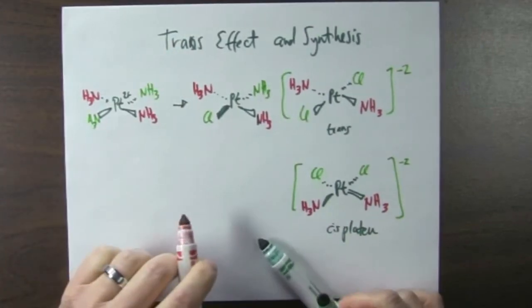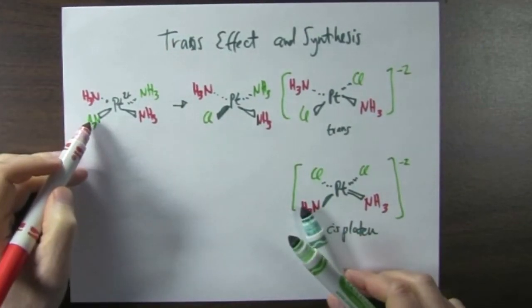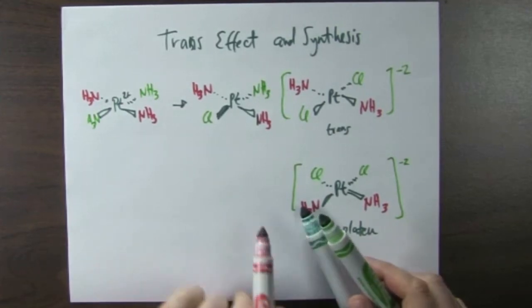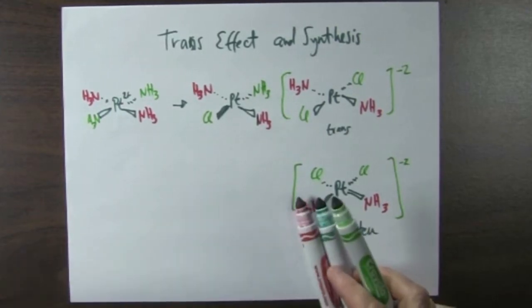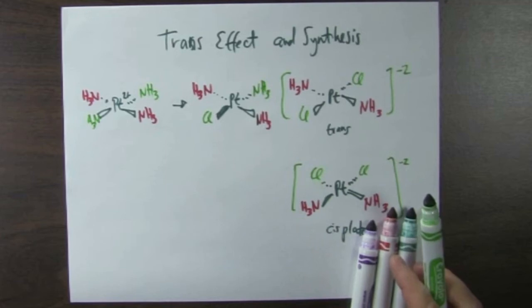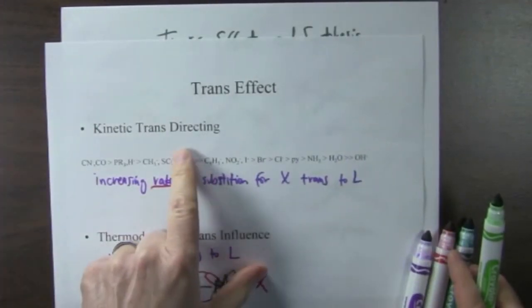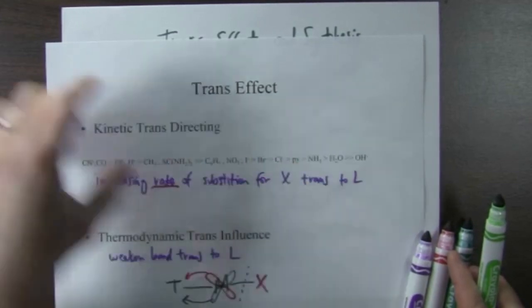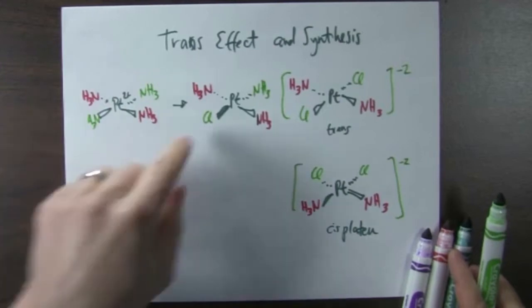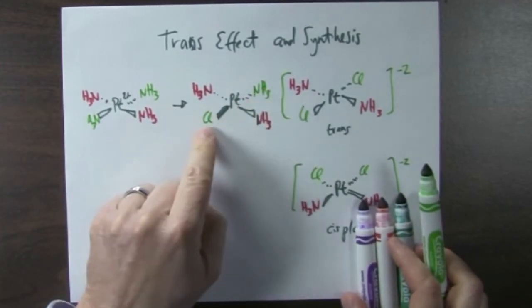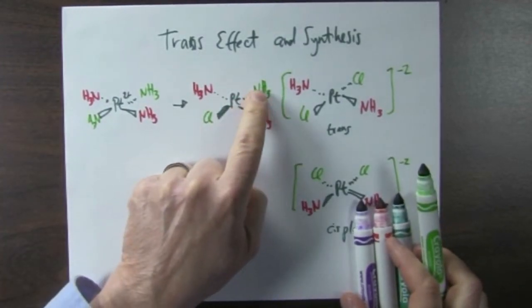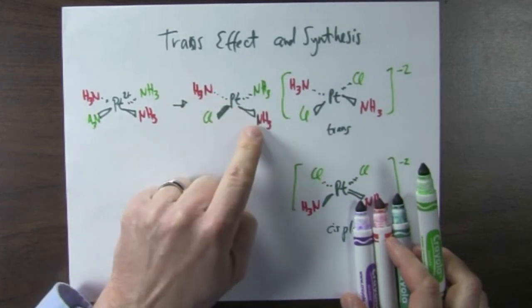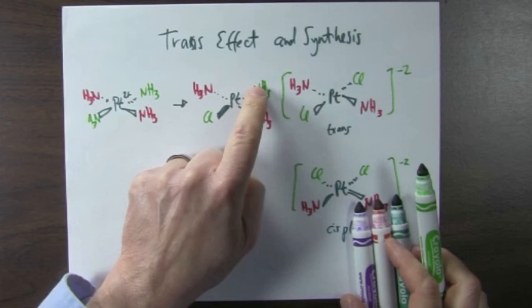Okay. So we replace this ammonia with the chloride, and of course it's going to change the charges. Now look here: the trans-directing ability of chloride is greater than that of ammonia, which means that the ligand trans to the chloride will substitute faster than this ligand, which is trans to ammonia, or this ligand, or this ligand.